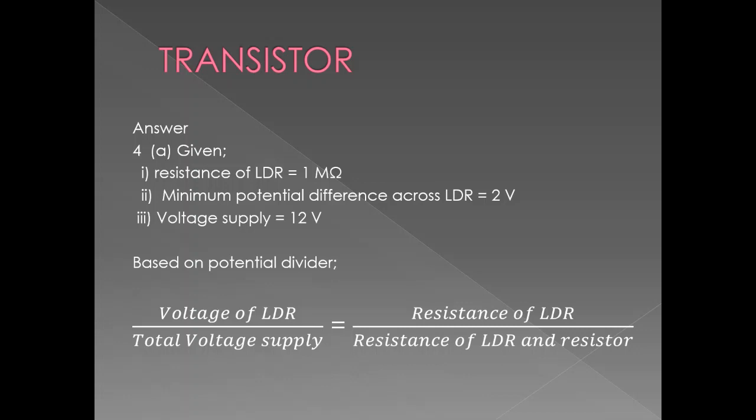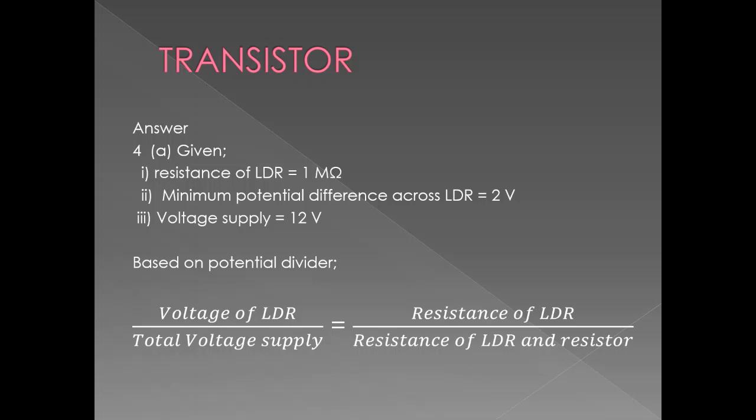The answer for number 4. Okay, what we know from question number 4, the resistance of the LDR is 1 mega ohm. The minimum potential difference across the LDR should be 2 volt. The voltage supply is 12 volt.